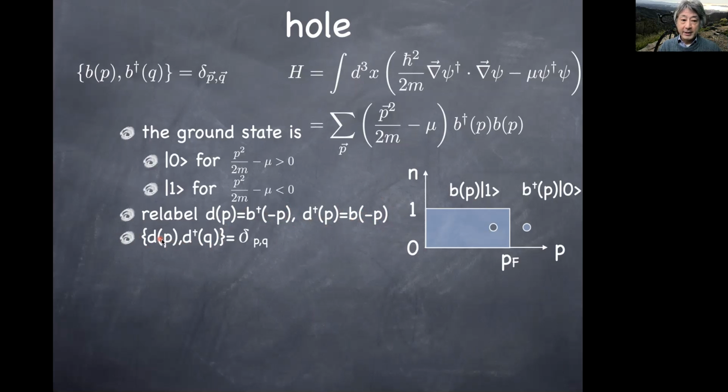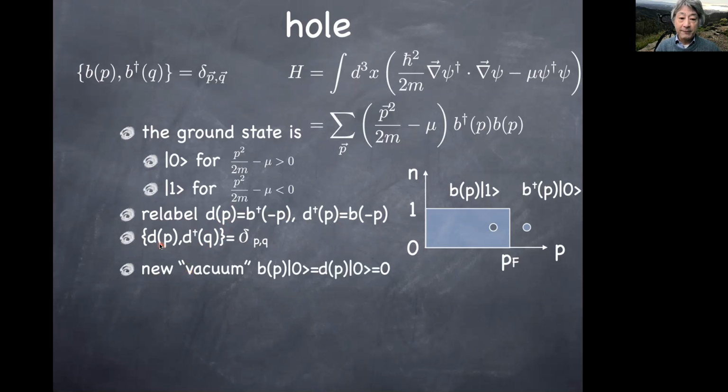So this is b dagger of minus p, this is b of minus q, and their anti-commutator is the Kronecker delta of minus p comma minus q, which is the same thing as the Kronecker delta of p and q. So minus p and minus q are the same when p and q are the same. So it turns out that this definition of new creation and annihilation operators satisfies the canonical anti-commutation relations.